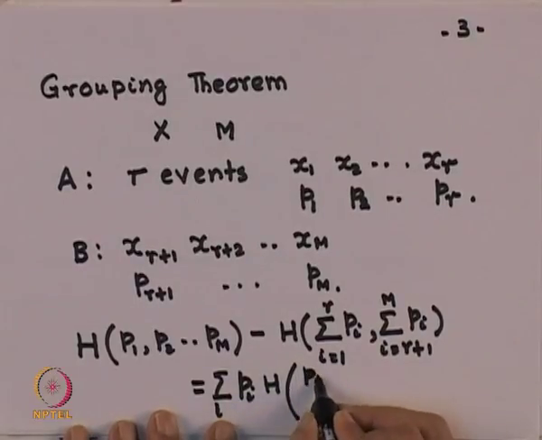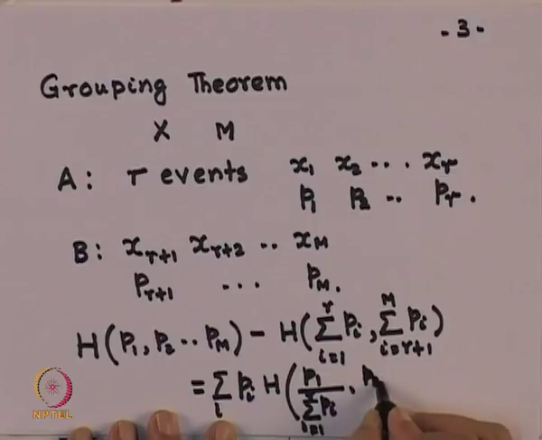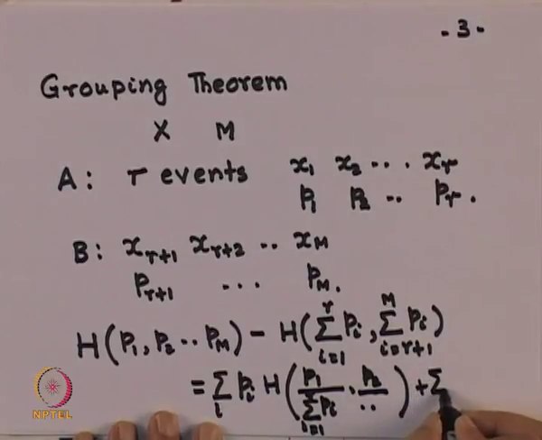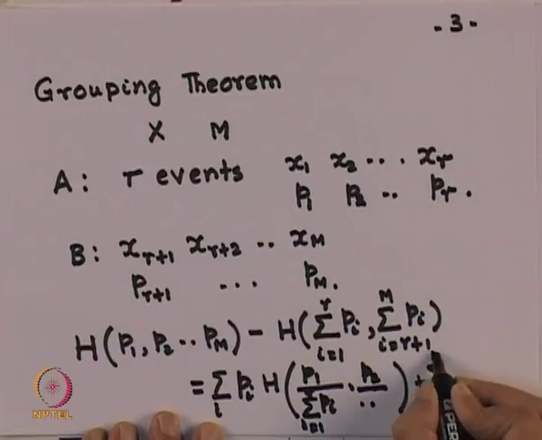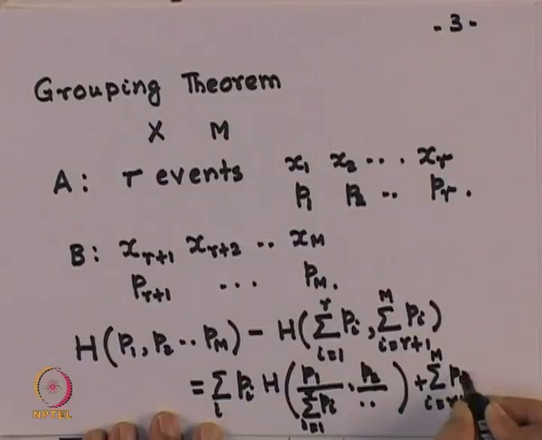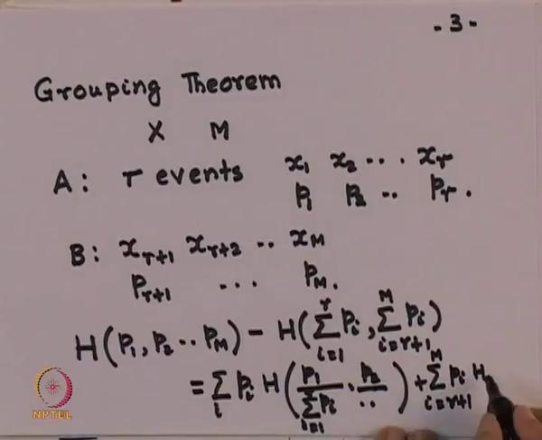So I have p1 divided by, now the normalization, because I know the event is in group A, the sum over i equal to 1 to r of pi, and so on. And a similar term, the sum over i equal to r plus 1 to n of pi, and a similar thing, but now the denominator is the sum from i equal to r plus 1 to n.